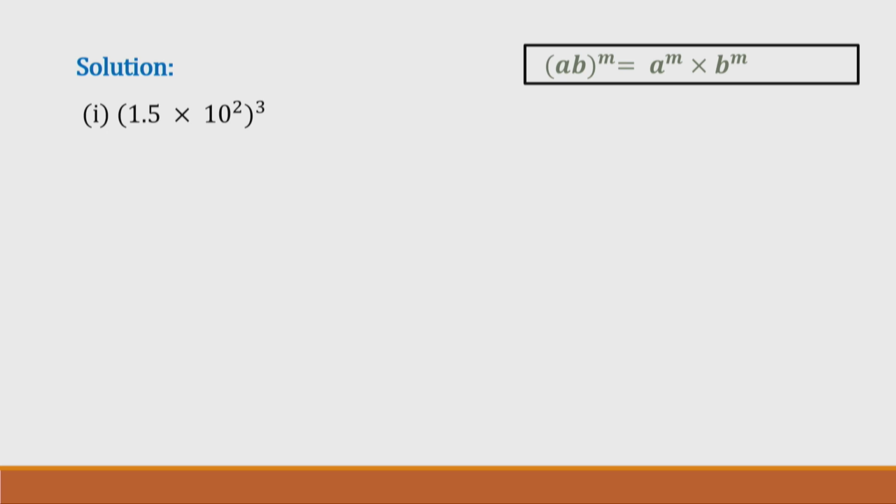So I can write it as 1.5 to the power of 3 times 10 to the power of 2, to the power of 3. So here we are going to use the power law. (a to the power of x) to the power of y is a to the power of xy. So I will get 3.375 times 10 to the power of 6.